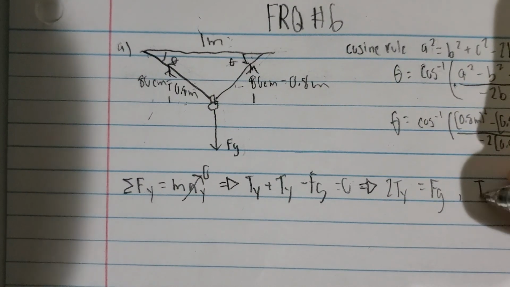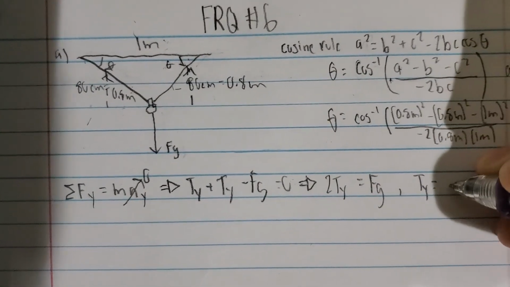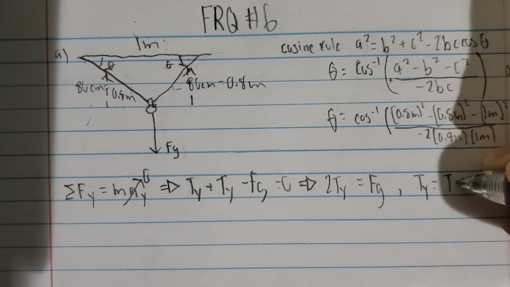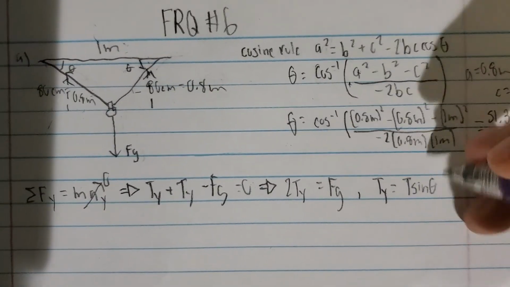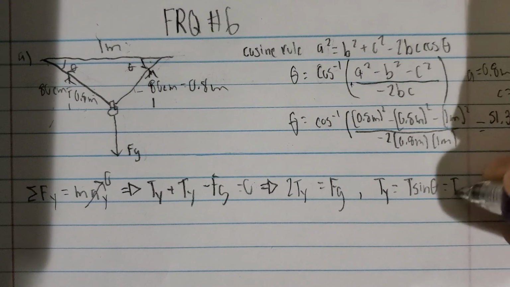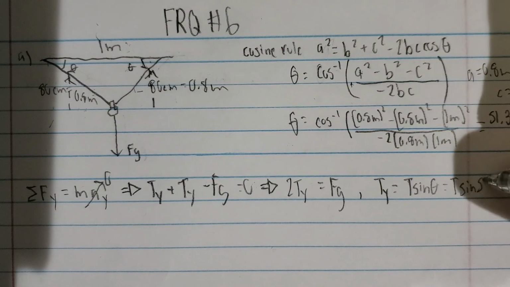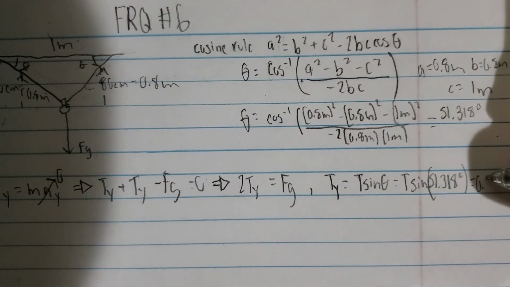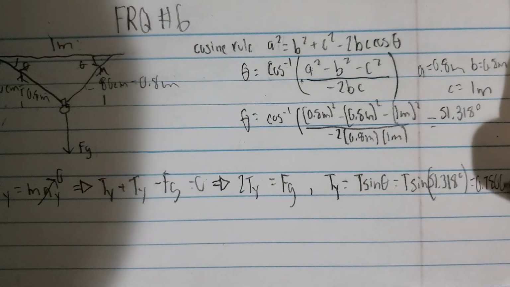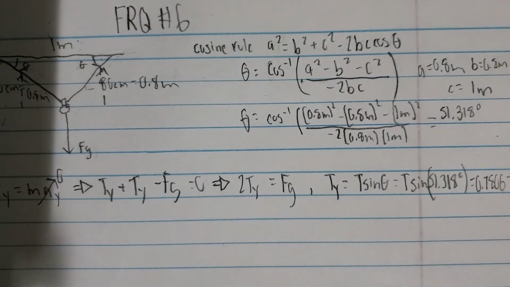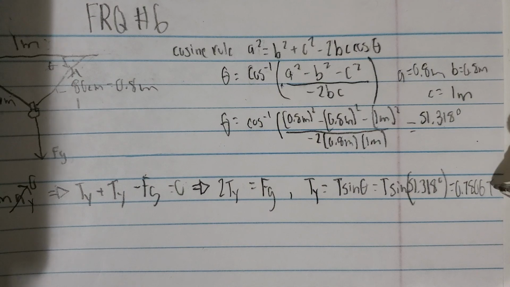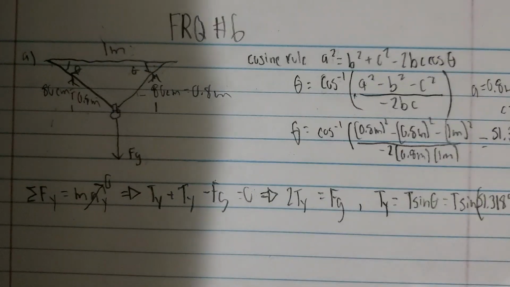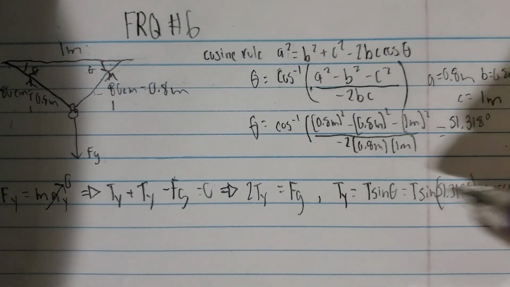Ty on the side I'm going to define as equal to T sine of theta, and theta I found, so T sine of 51.318, and that is going to equal 0.7806 T. So this basically allows me to define Ty in terms of T, which is what I'm trying to find. So I'm going to plug this into the original equation.